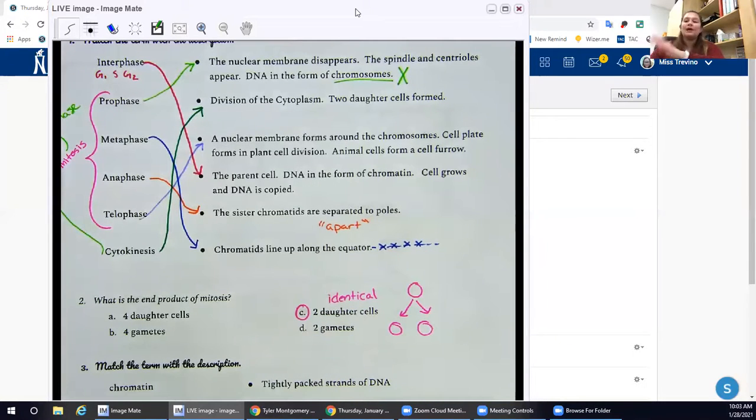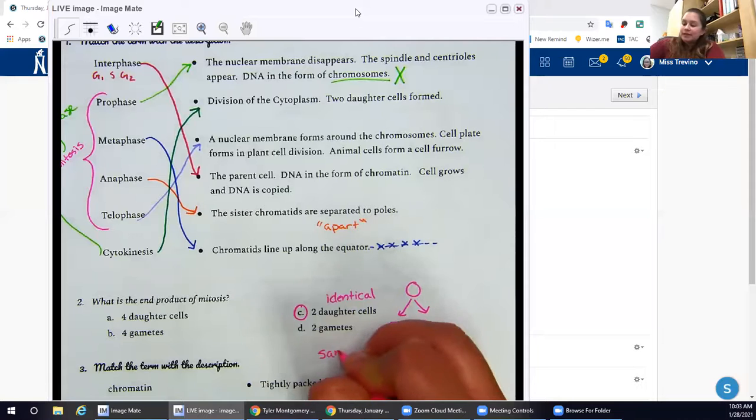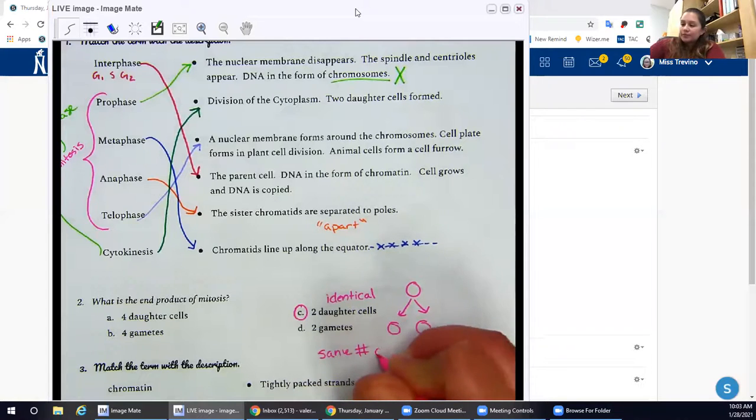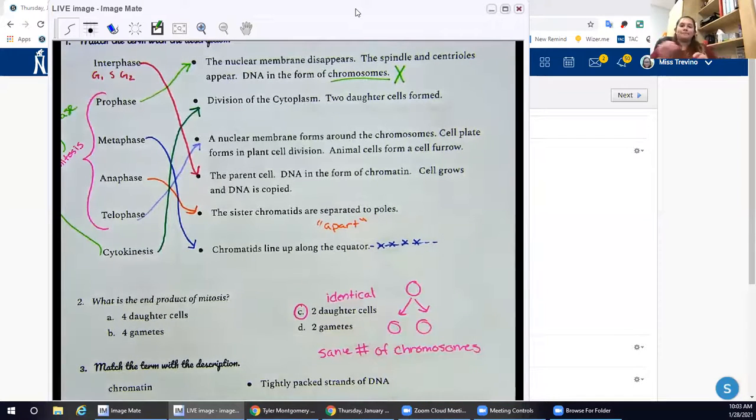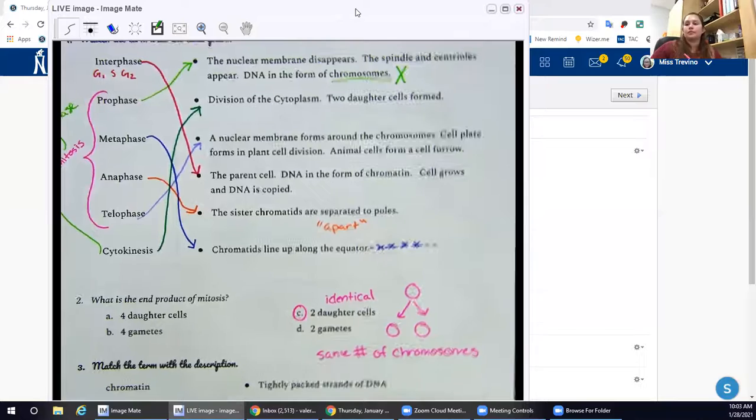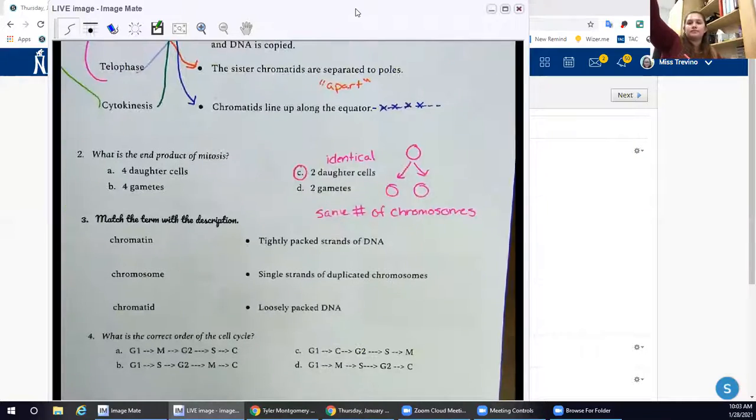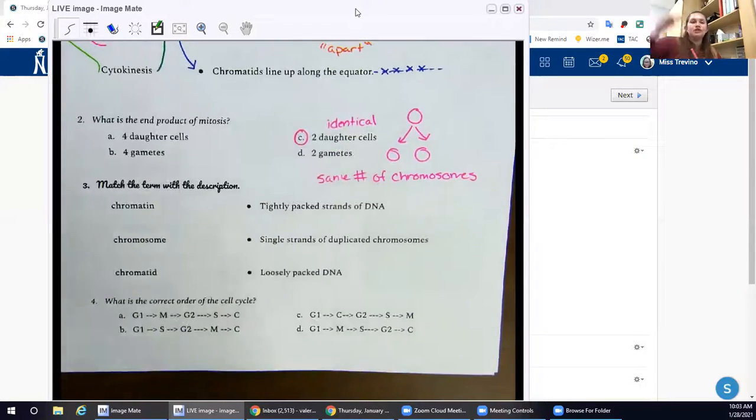We don't want half the number. That's meiosis. That's whenever we do reproduction. We're not there yet. So we want the same number of chromosomes. Any questions on number two?